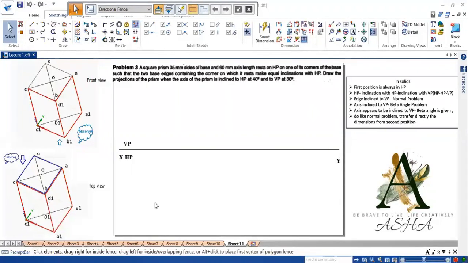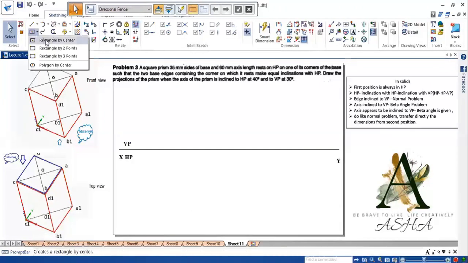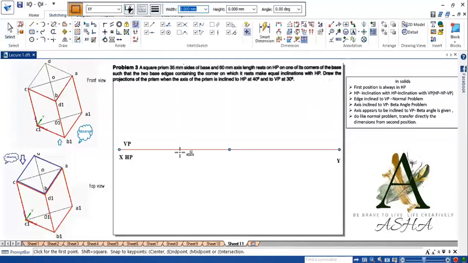So first draw the first position. Go for rectangle by 2 points. The dimension of the square is 35. So go for width 35, height 35, angle 45 degrees.